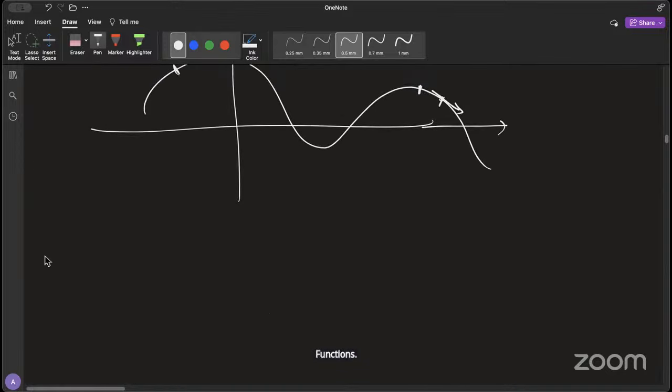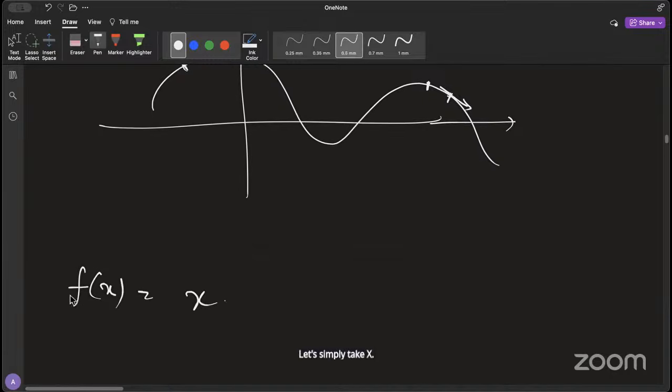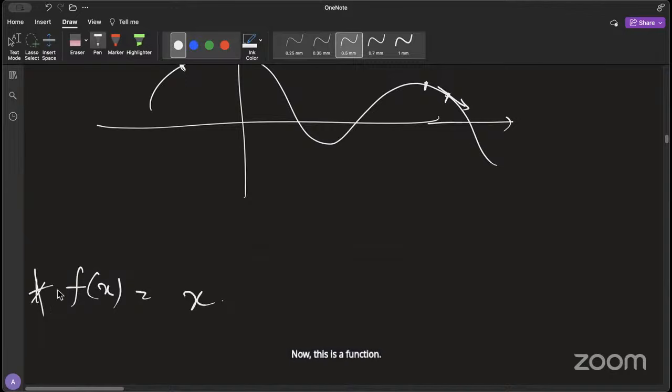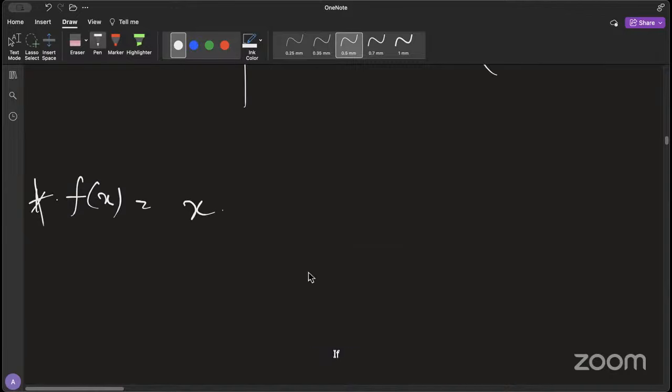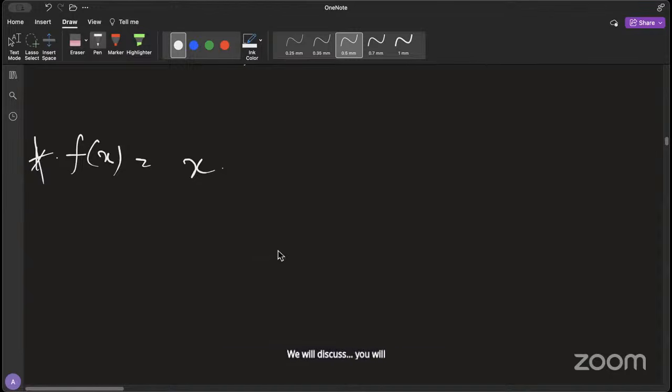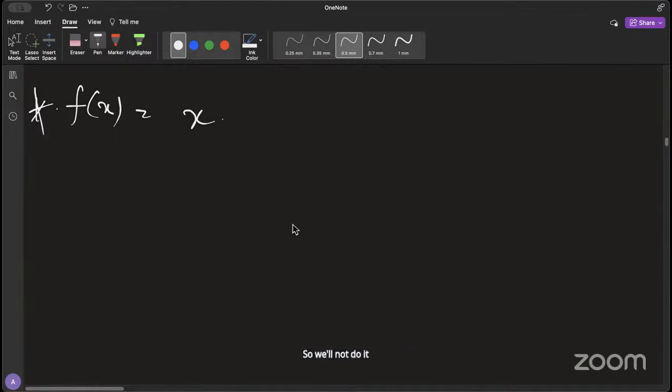So here the purpose of a tangent is to describe the flow of your function, the direction of the flow of your function. Let's say I'm taking the function f(x) = x. Now this is a function. You will study tangent lines in detail in week 8, I guess, so we'll not do it here.